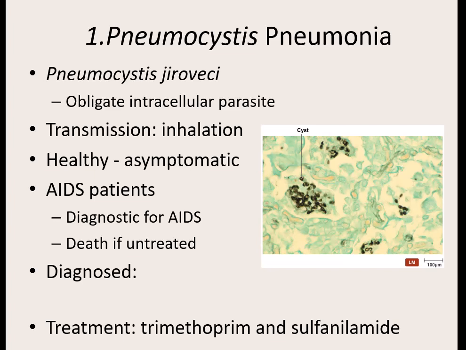So how it gets in there, inhalation. So the spores can hang out, but they're not reproducing out in nature. If you're healthy, asymptomatic, you would have no idea whatsoever that you had this particular fungus in your lungs.